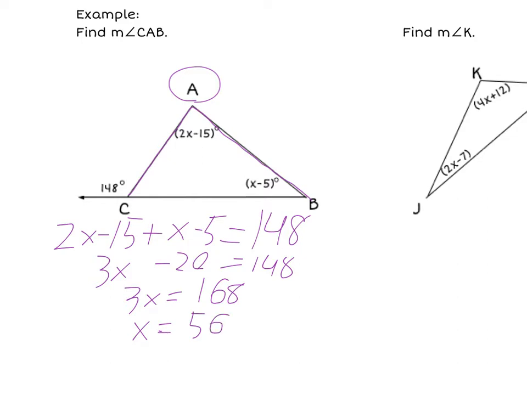The measurement of CAB, or the measurement of angle A, we're going to take our 56 and plug it into this equation. 2x minus 15, 2 times 56 minus 15 will give us 97.